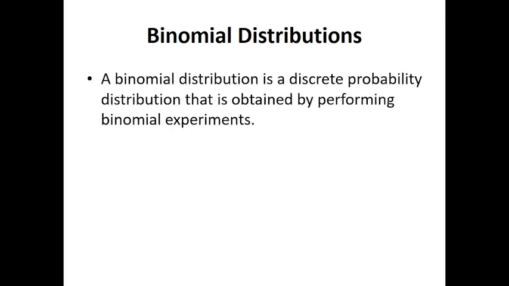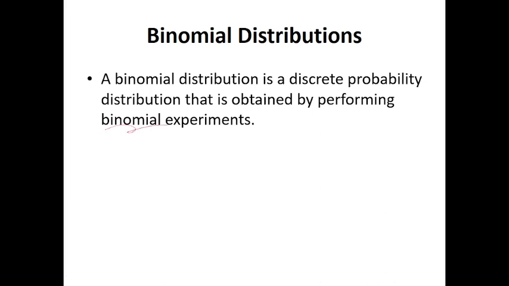So we now proceed. Here's our next topic, called binomial distributions. This is a type of discrete probability distribution. A binomial distribution is a discrete probability distribution that is obtained by performing binomial experiments.